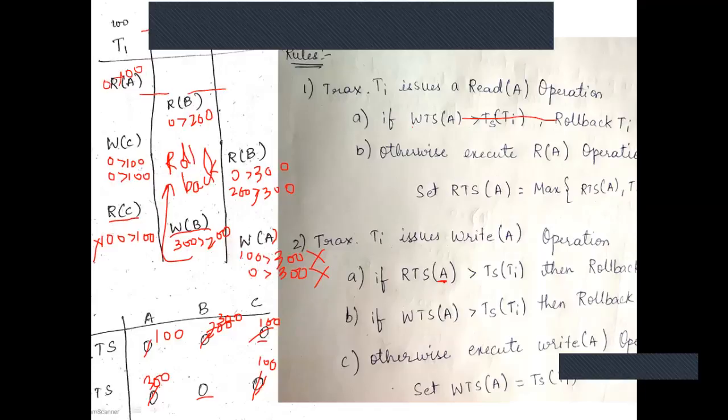And we have seen how this T2 is rolled back. Why is T2 rolled back? Because the younger transaction T3 is reading the value B, and that value is written by the older transaction after it is read by the younger transaction. So that is not allowed, so this T2 rolls back.